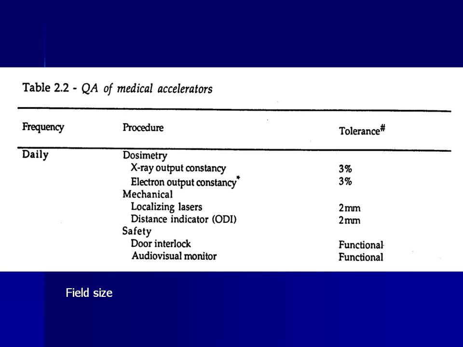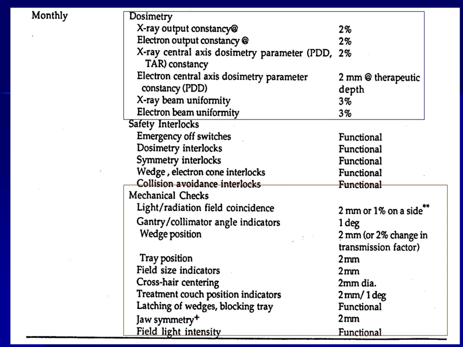That's one of the most important things, and that the lasers haven't drifted off overnight. I'm not sure that people use ODIs too much anymore, even for treatment. But certainly these safety interlocks are extremely important, and most of this is dictated by the state that we're required to do by law.